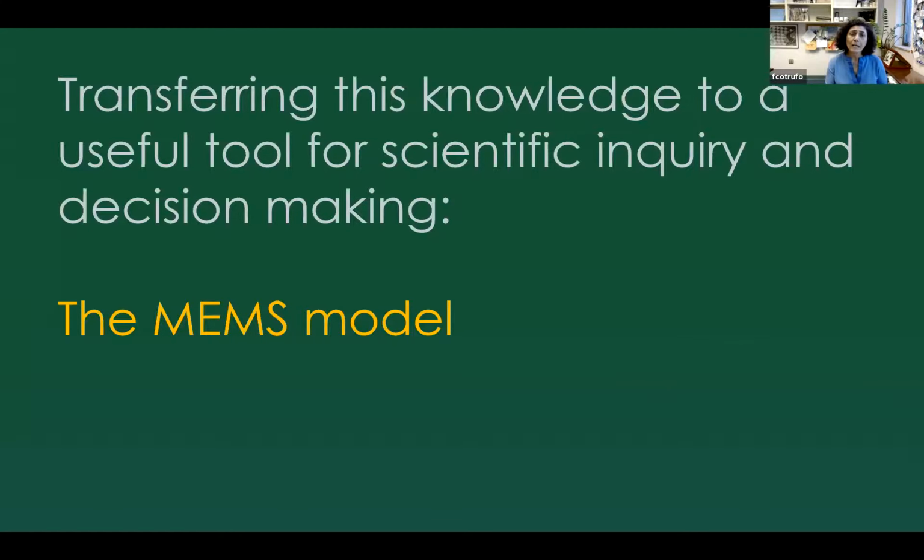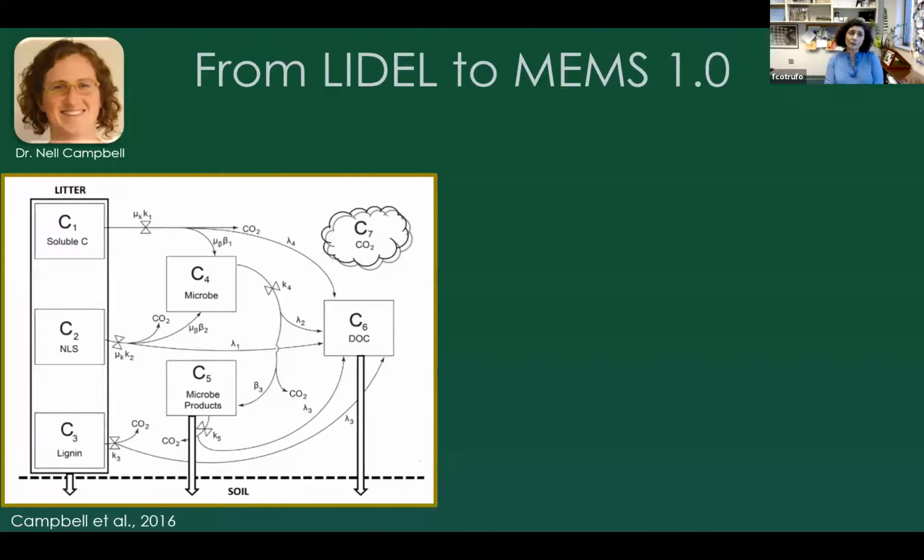persists. And we started off with a project with Nell Campbell, where we worked on what we call the Litter model, also with Bill Parton and others, where Nell basically modeled the litter decomposition component that I told you about, and the idea that not only the structural litter component but also the dissolved organic matter entered the soil, and that microbes and microbial efficiency played an important role in the process.